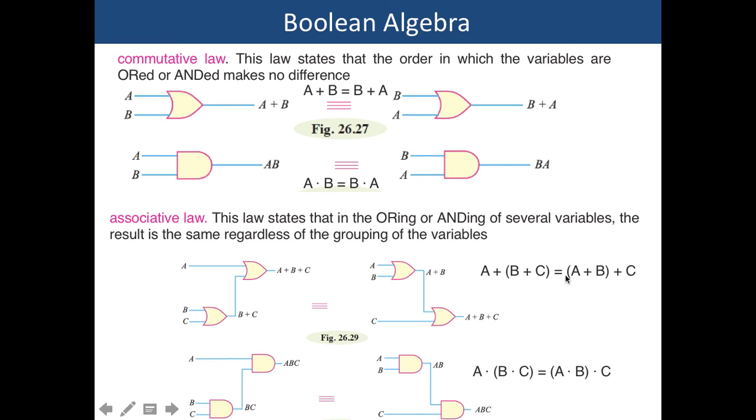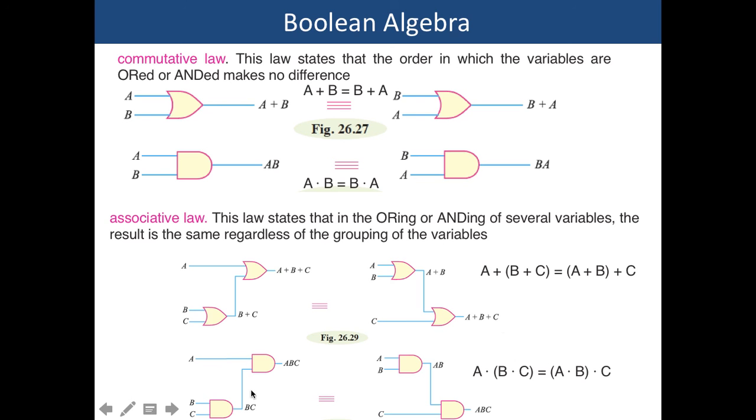We can explain this with OR gates. Here a is one input and the other is b plus c, so the final output is a plus b plus c. Similarly, with a plus b and input c, the final output is a plus b plus c.